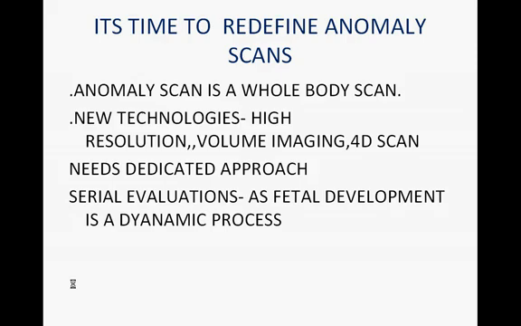Anomaly scan is a whole body scan. And with the new technologies that are developed, especially with the high resolution imaging and the concept of volume imaging, the 4D scans, it is possible now to do a whole body anomaly scan. But it requires dedicated approach, and we may require serial evaluations as the fetal development is a dynamic process.